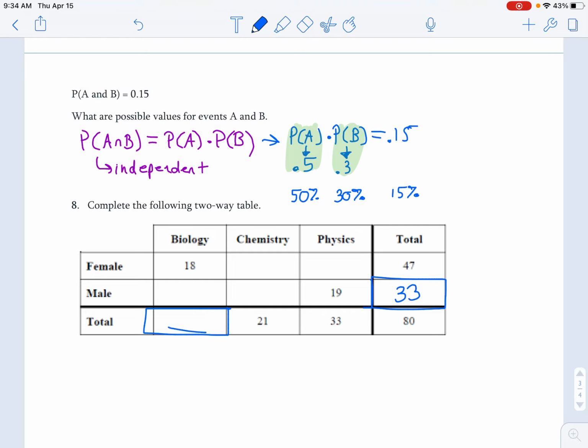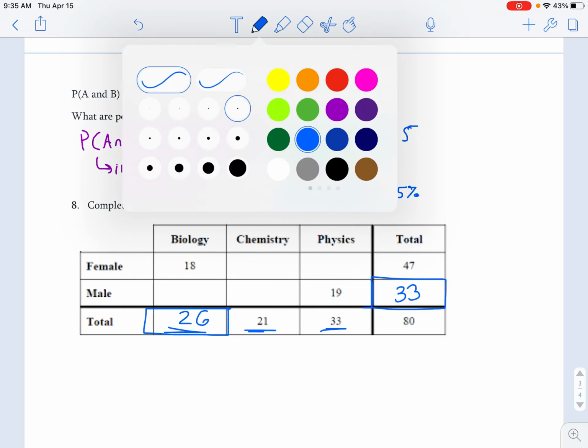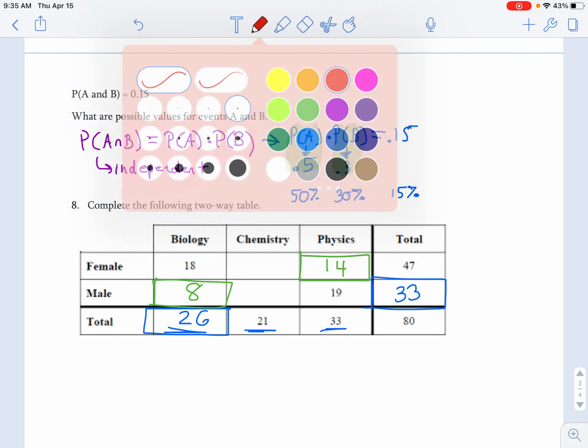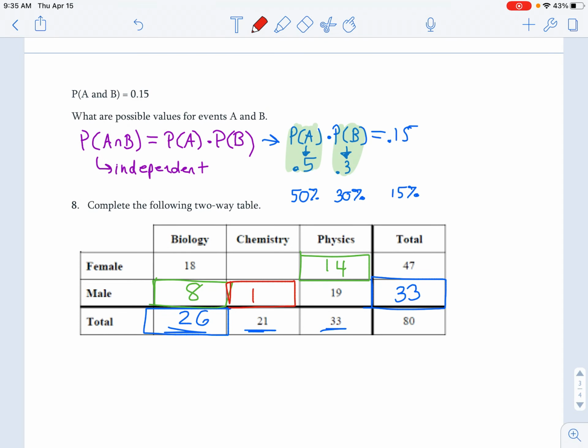This blank number, 21, and 33 must add to 80. So I'm going to subtract 33 minus 21, and that's going to be 26. From here, everything starts to get crisper and cleaner. That has to be 8, that has to be 14, then this has to be 11.